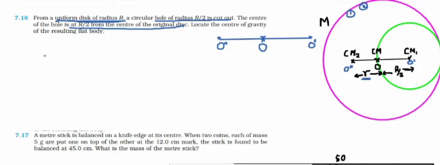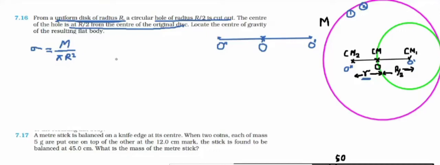Therefore, we can calculate the mass per unit area of the disk. I will write it as sigma, mass per unit area. How to calculate it? The total mass of the disk is m, and the area of the disk is pi r square. So mass per unit area is m divided by pi r square, which is a constant for a uniform disk.